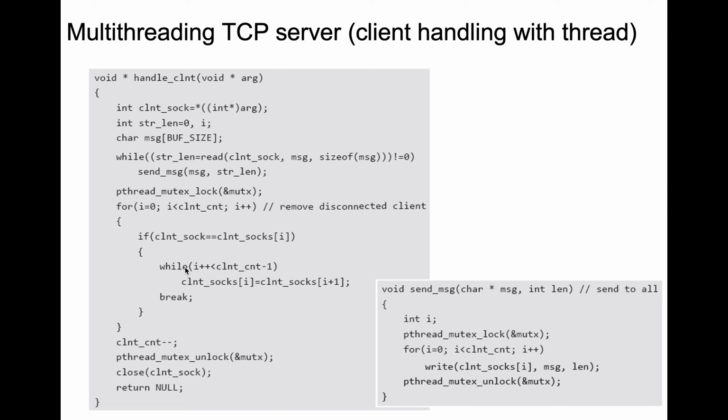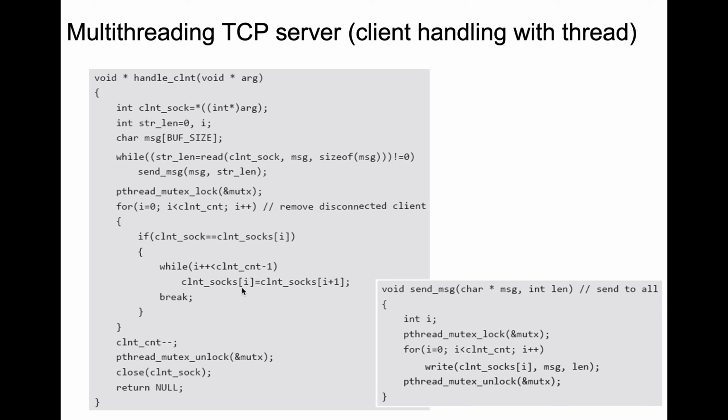Inside the critical section, what makes it critical is that there is a global variable, which is the client sockets array, and we are updating that array. We are checking if this client that has disconnected is at the index of i.